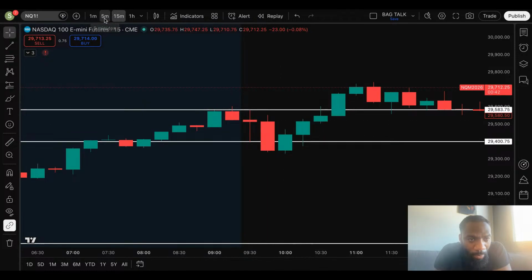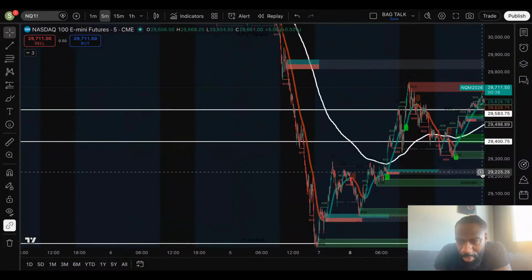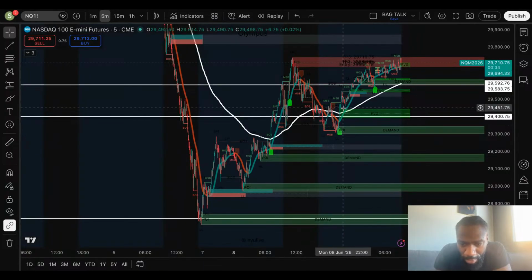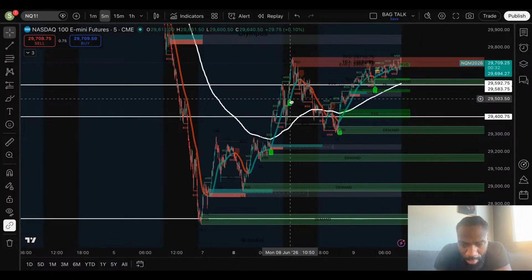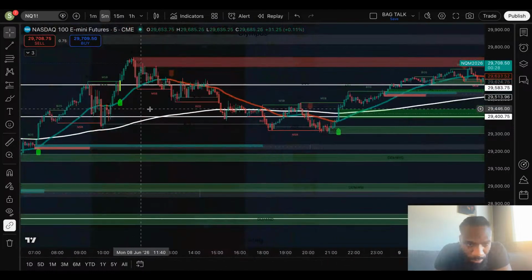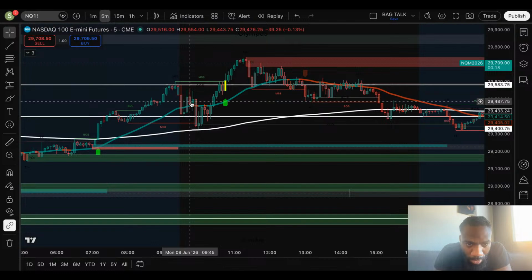All right, so I would go down to the 5 minute. Maybe I should have kept that blue line up there. So 9:30, this candle opened. By 9:45, it closed here in the middle.